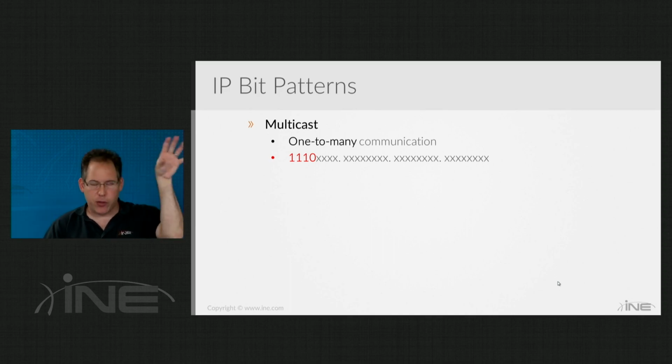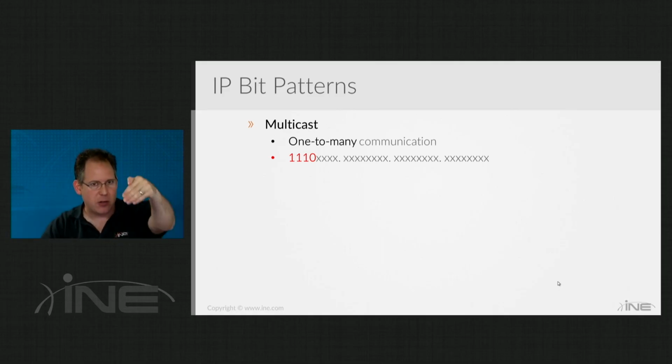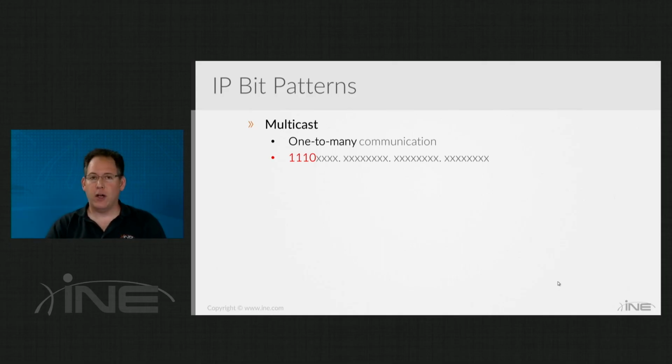In the world of layer 3 at IP, if you take a look at the destination 32-bit address, if the first 4 of those bits match 1110, that is a multicast address. We don't care about what the remaining 28 bits look like. As long as the first 4 bits take that pattern, this is a multicast, one to many.